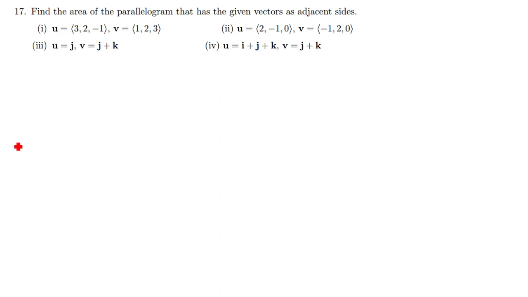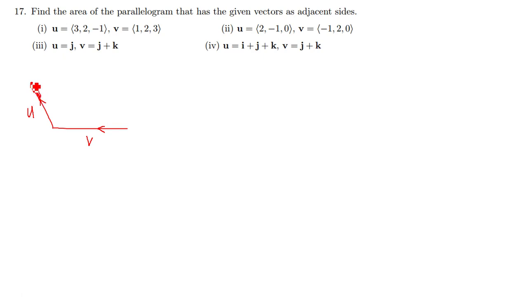Here they've told us there's this vector, which is vector u. There's also this other vector, which is vector v. And then you've been told to find the area of a parallelogram.